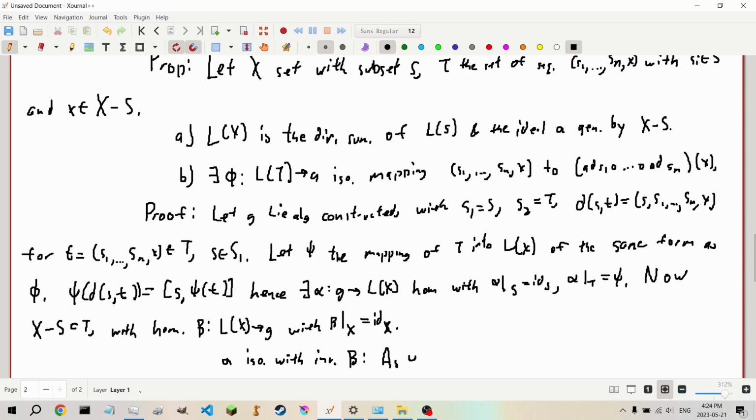As C of X is X for X in X minus S, we see that alpha composed with beta on X is the identity.